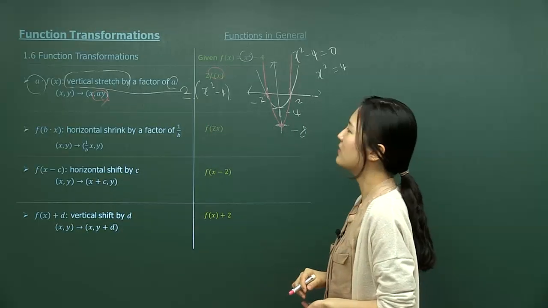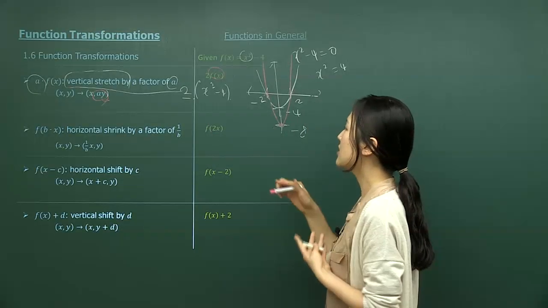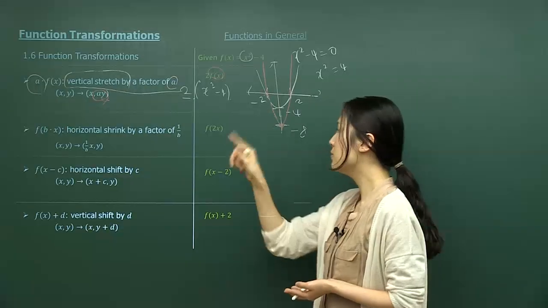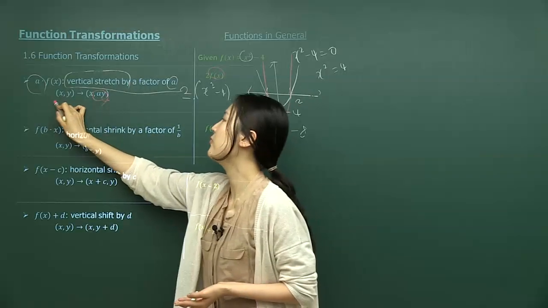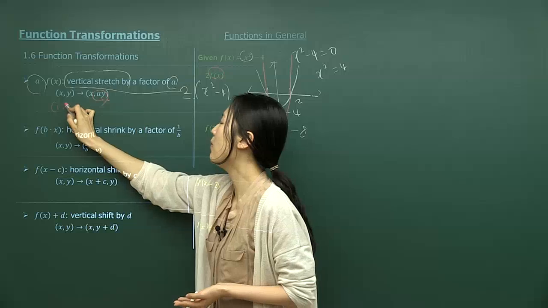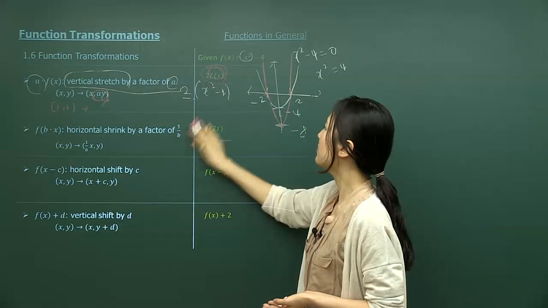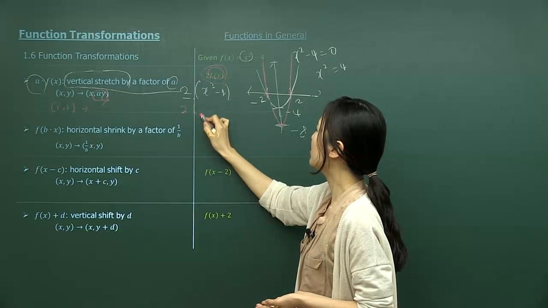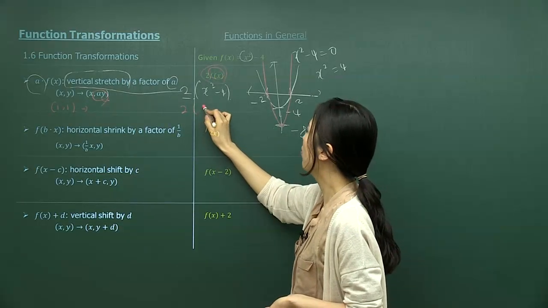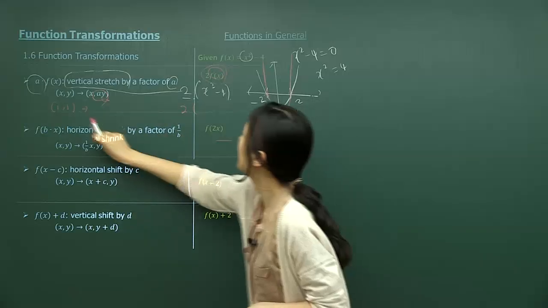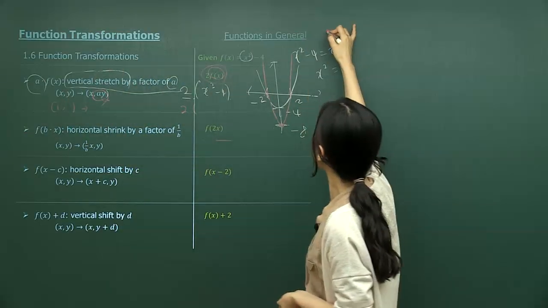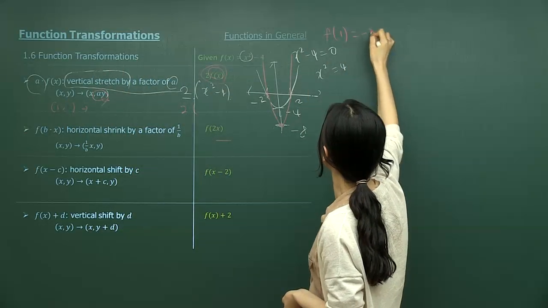If you graph them in your graphing calculator, you can actually trace some of the values, and you will see that, for example, if you plug in 1 here, what do you get? Don't you get 1? Oops, sorry. When you plug in 1 in here, f of 1, you get negative 3, right?